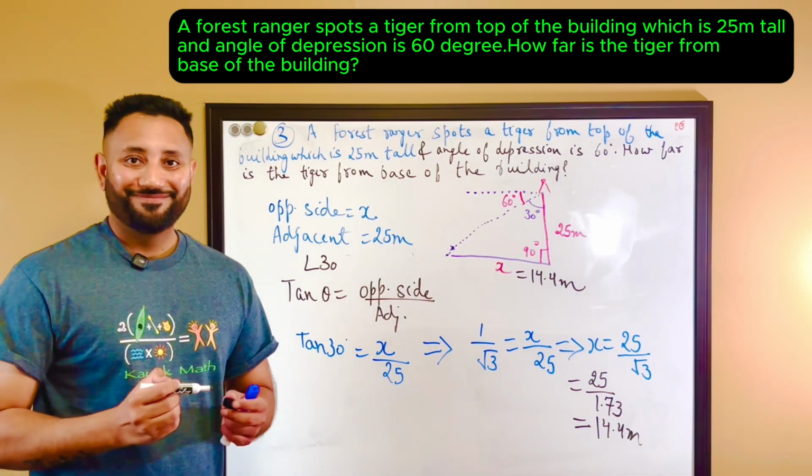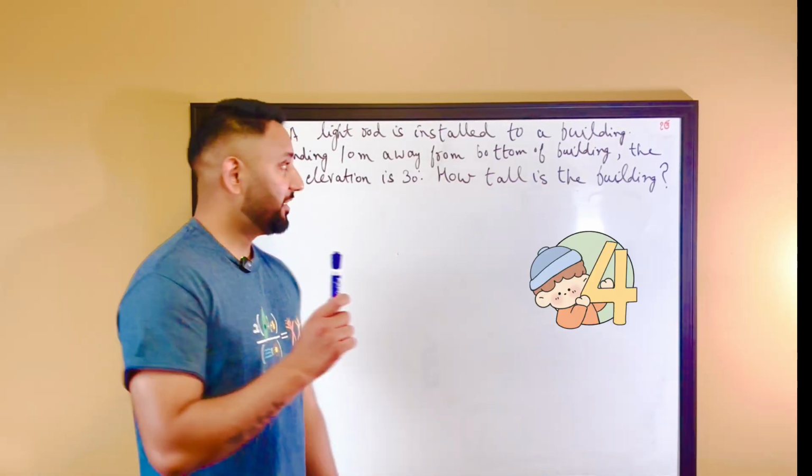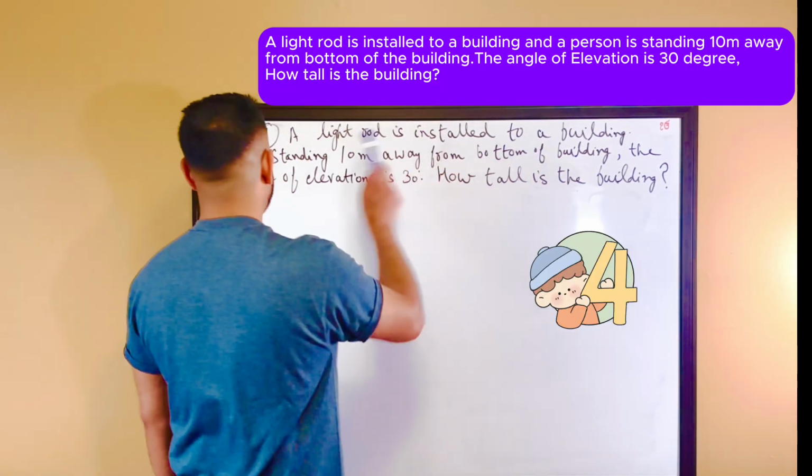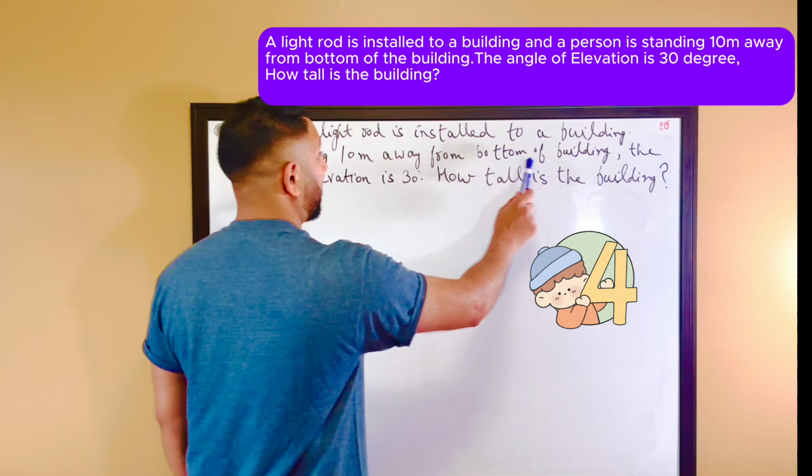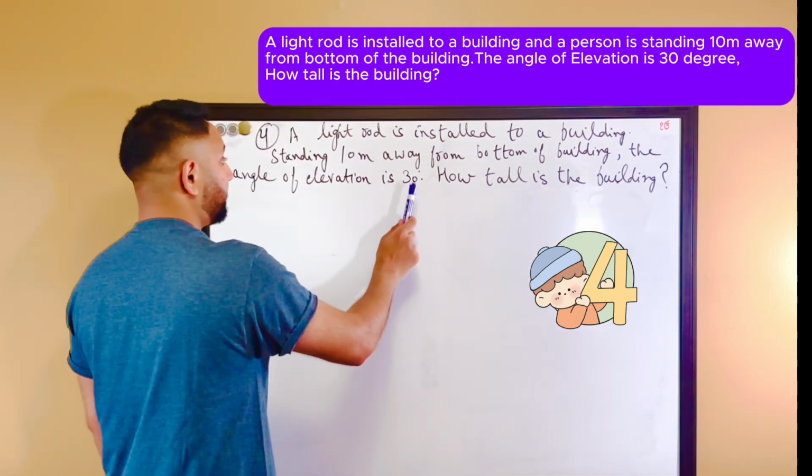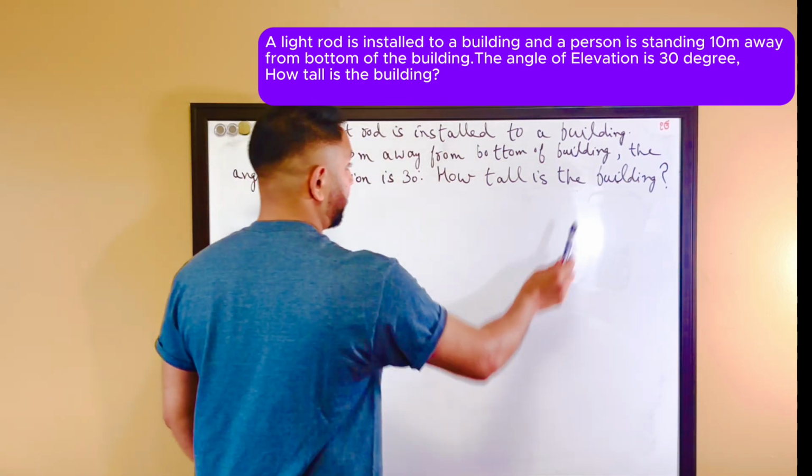So our last example is: a light rod is installed to a building standing 10 meter away from the bottom of the building. The angle of elevation is 30 degree. How tall is the building?